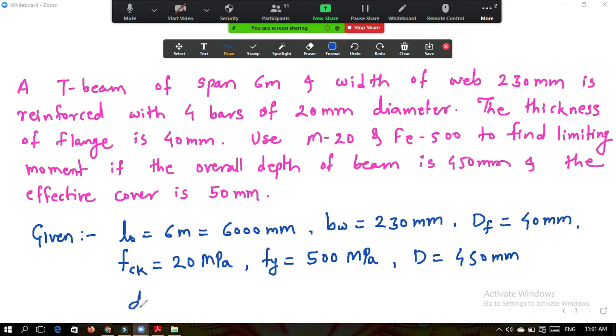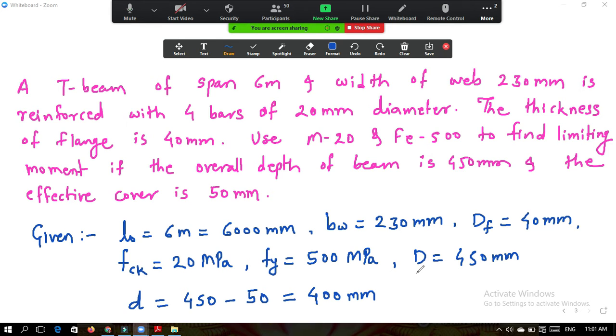Effective depth D is equal to overall depth 450 minus effective cover 50, which is equal to 400 mm. This is the value of D.